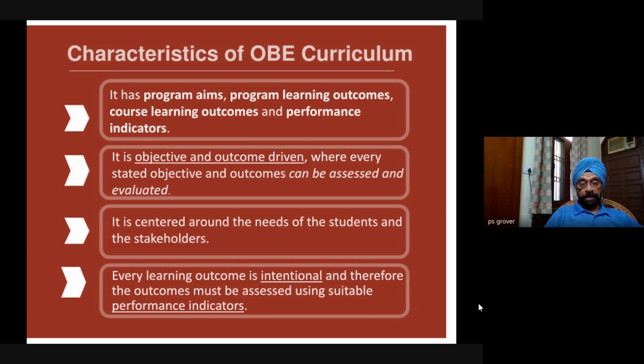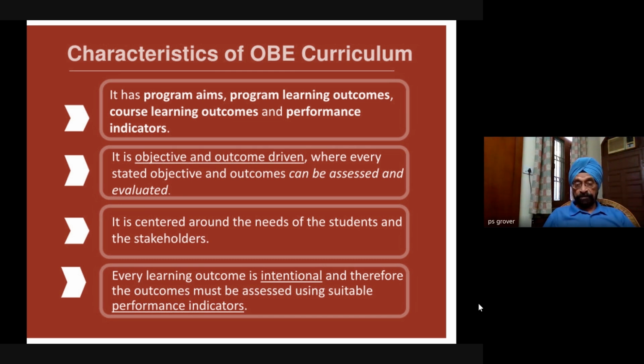Whatever we say can be assessed. It is centered around the needs of the student and the stakeholders. Stakeholders mean employers, industry, parents, institution. So the curriculum meets the requirements and needs of the stakeholders, which means the student should be a successful, holistically developed individual when he comes out of any program.